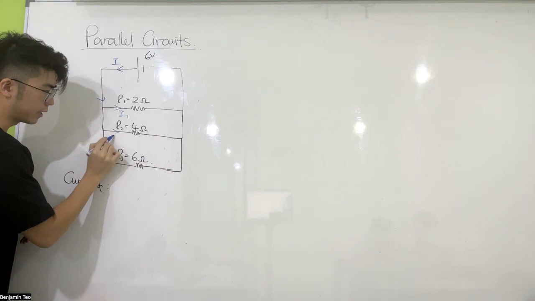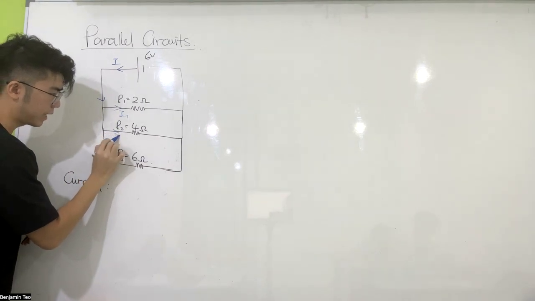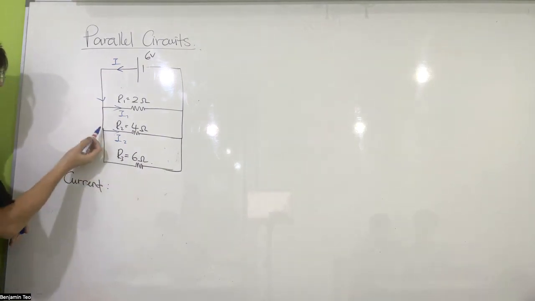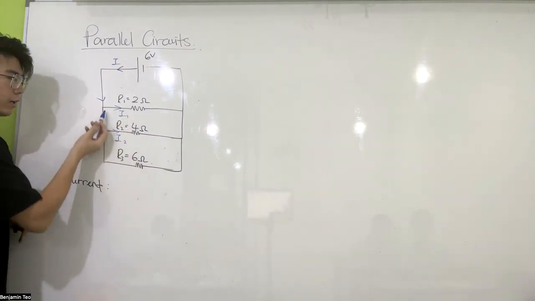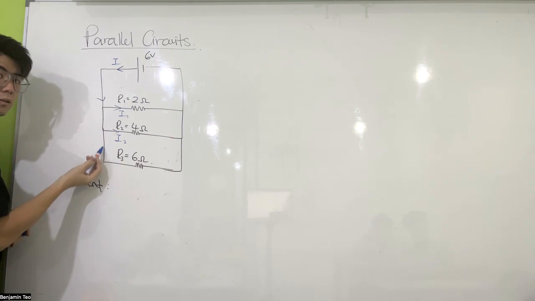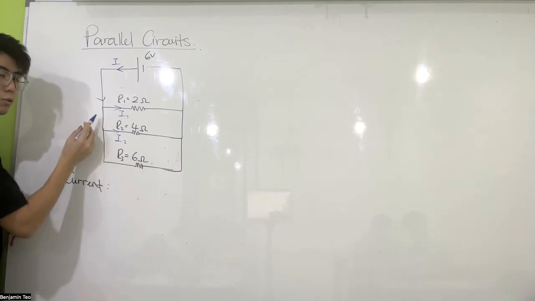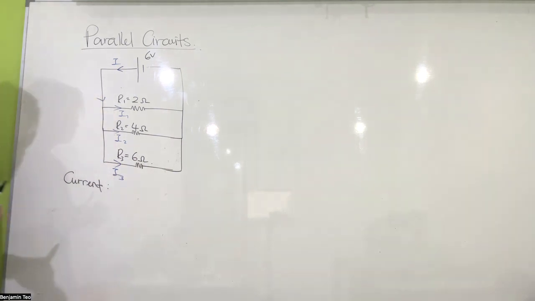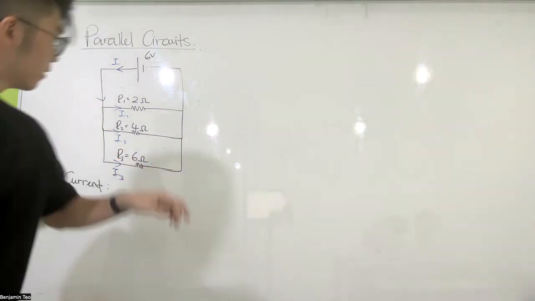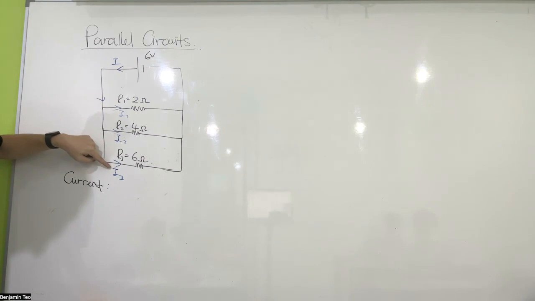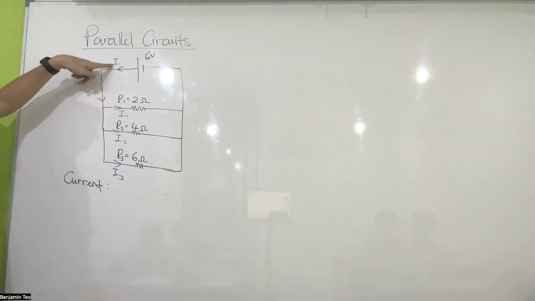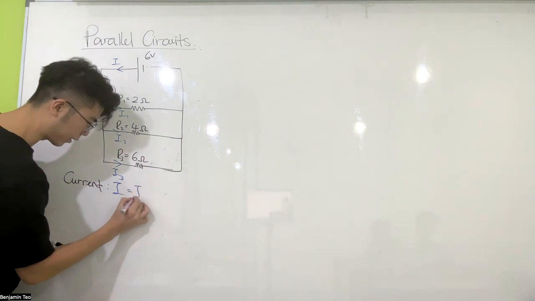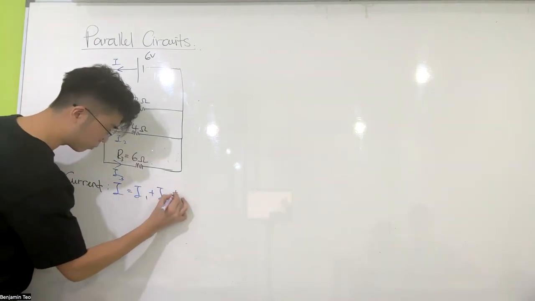Another electron goes inside here, I2. How many do you have left? 2. 1 goes here, 2 goes down. So this is I3, the remaining goes here. The point is that this plus this will be equal to this. Simple, easy to understand. I equals I1 plus I2 plus I3.